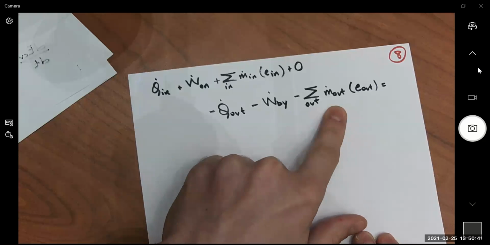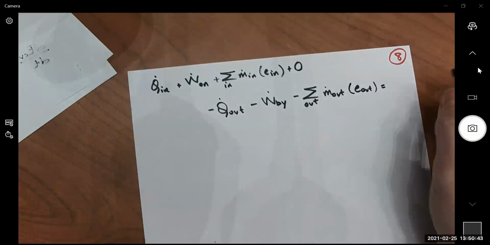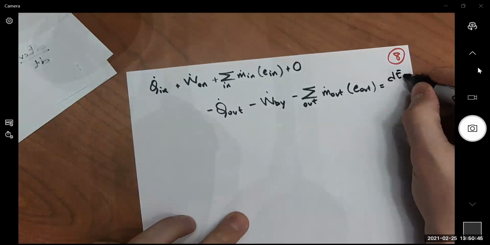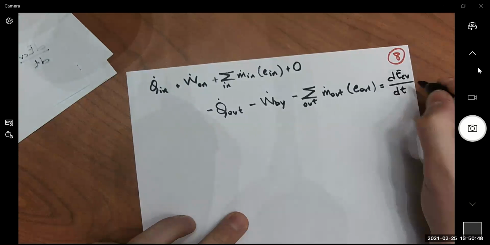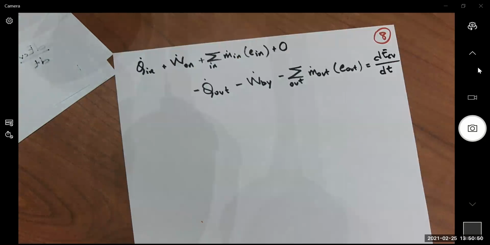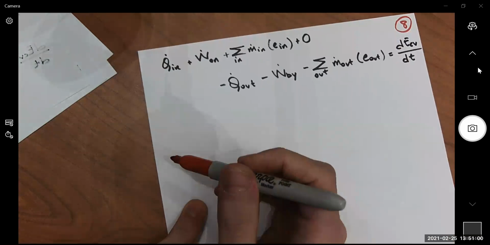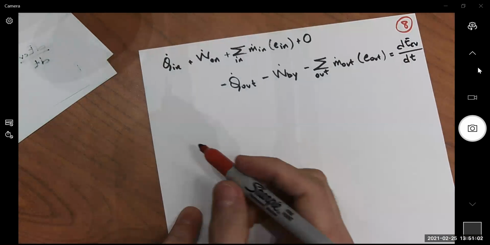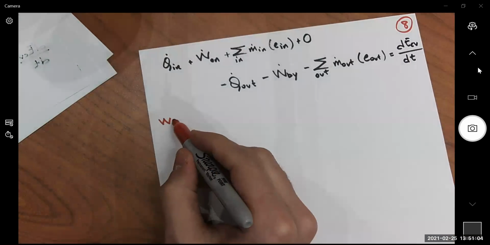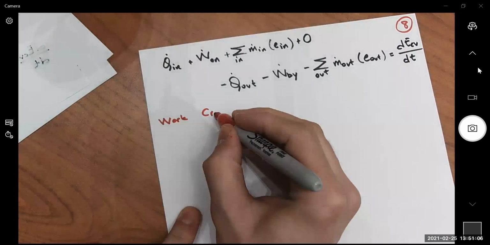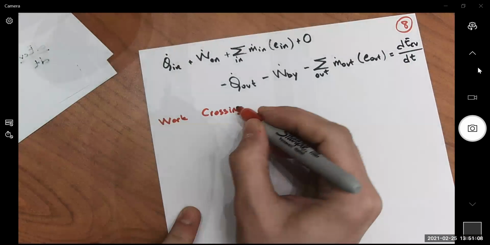Summation of mass times energy out should be equal to energy accumulation inside the control volume, dE control volume over dt. And we have work that crosses the boundary.